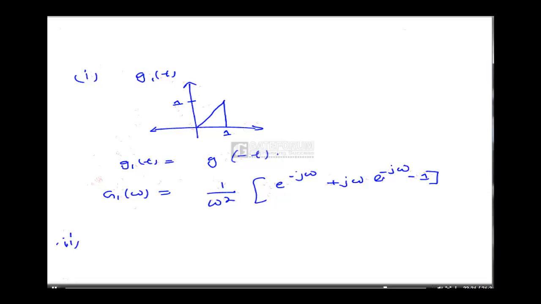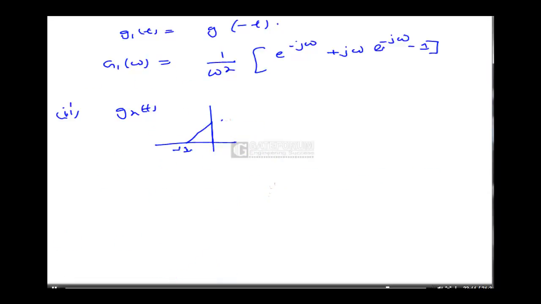For the second, there is again given g2 of t, where g2 of t is this expression from minus 1 to 1. Now, by looking at the figure of g2 of t, g2 of t is nothing but g1 of t plus 1. Okay.